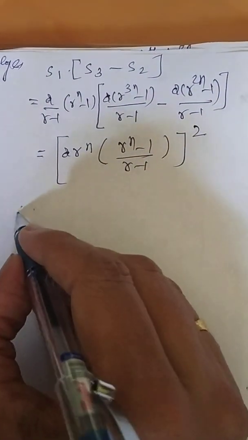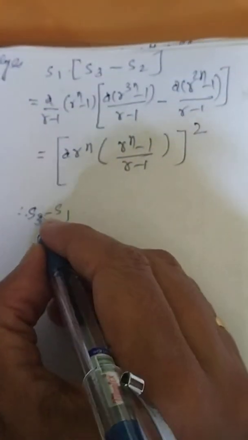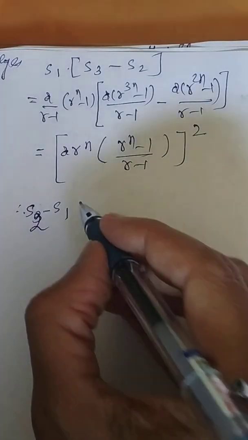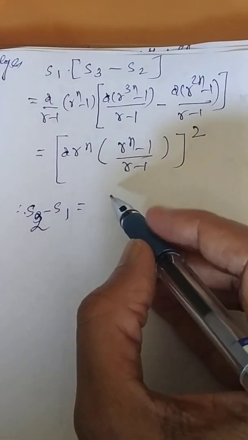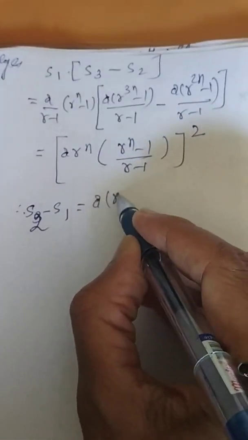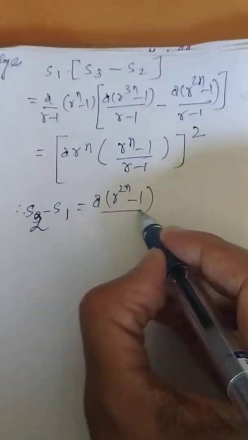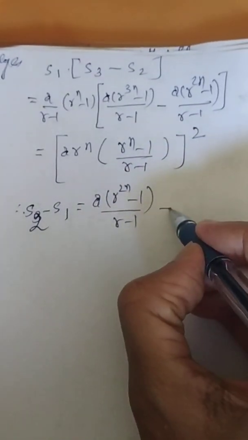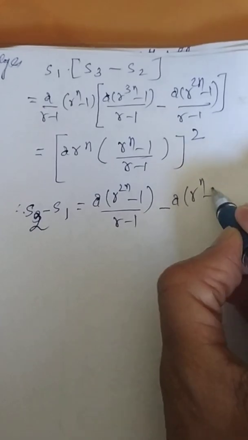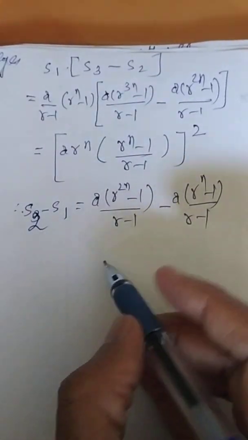And similarly now you can try for S3 minus S2 minus S1. S2 minus S1. S2 value is nothing but A r raised to power 2n minus 1 upon r minus 1, minus S1, A r raised to power n minus 1 upon r minus 1. LCM is common.